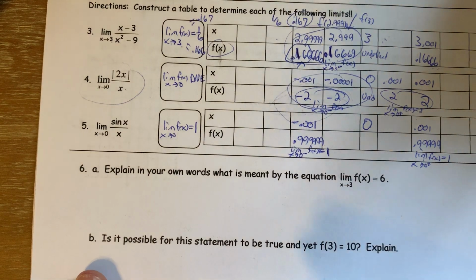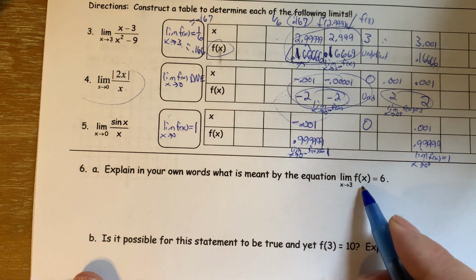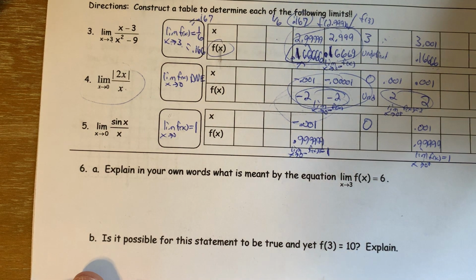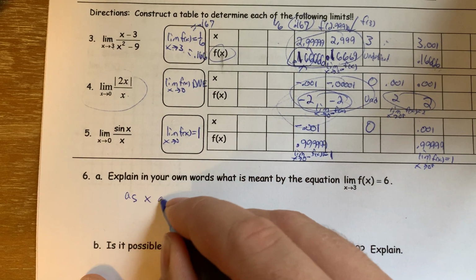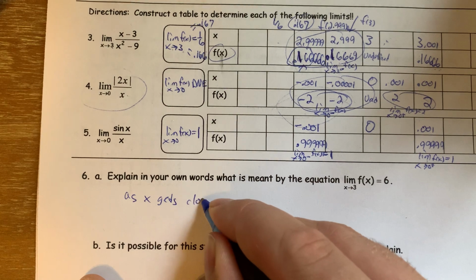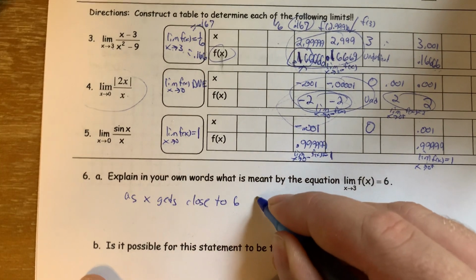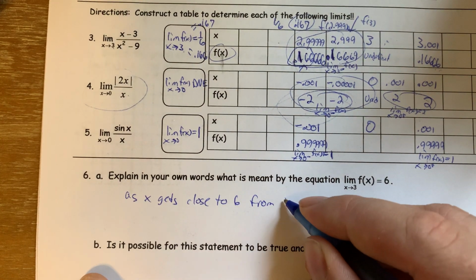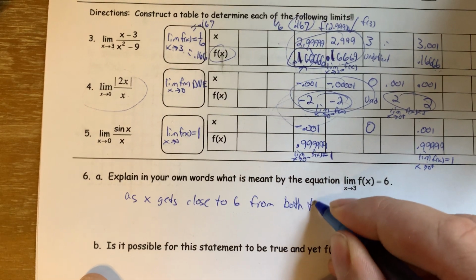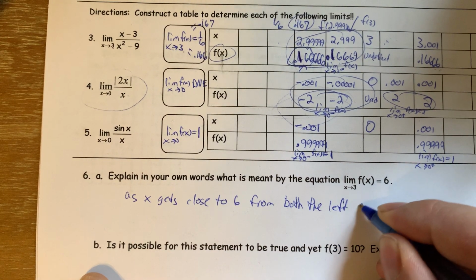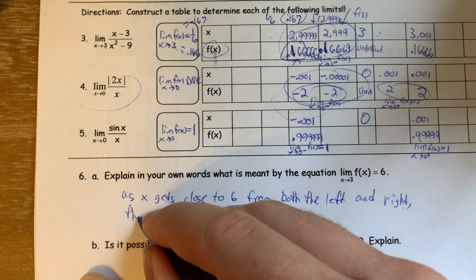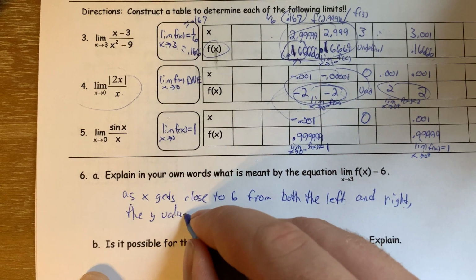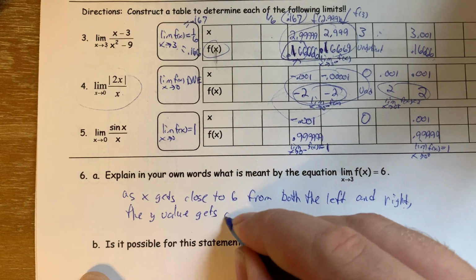All right, let's see how you do this. Explain in your own words what is meant by the equation: the limit as x approaches 3 of f of x equals 6. And hopefully you said, as x gets close to 3 from both the left and the right, the y value gets close to 6.